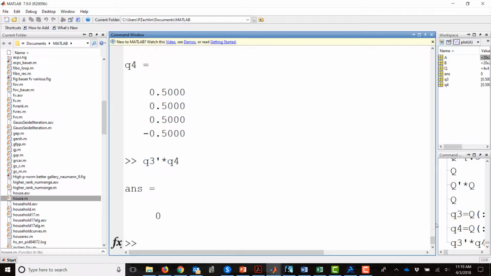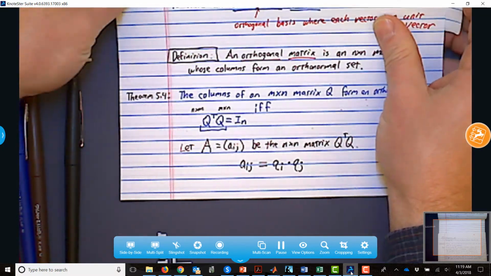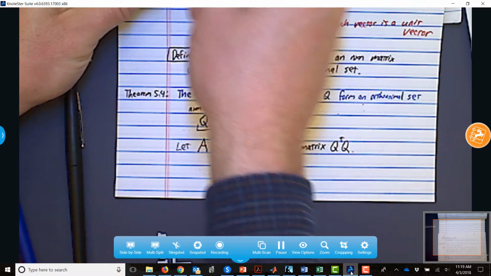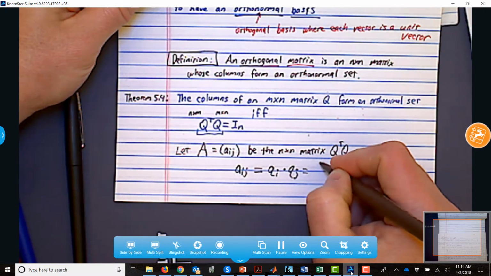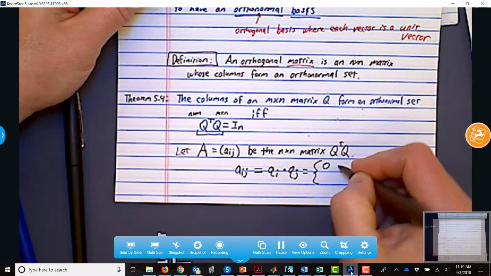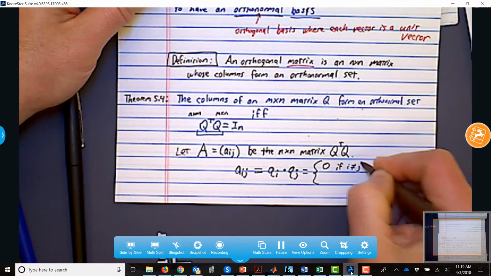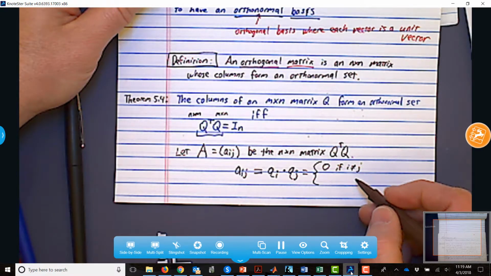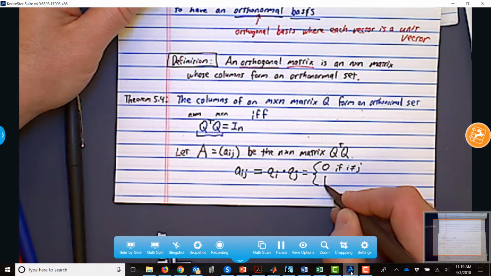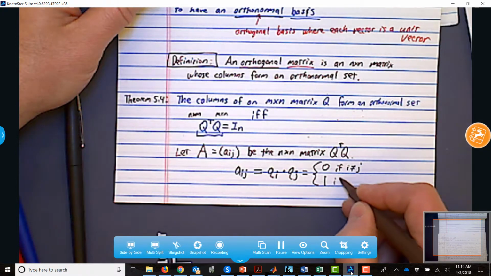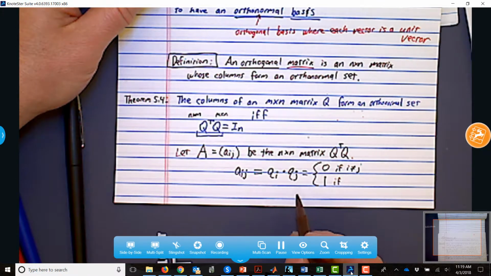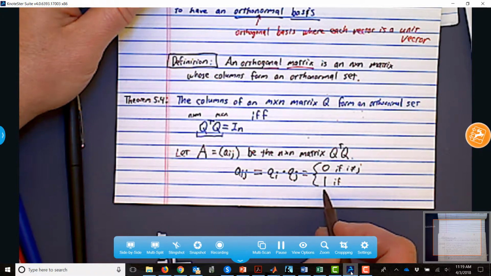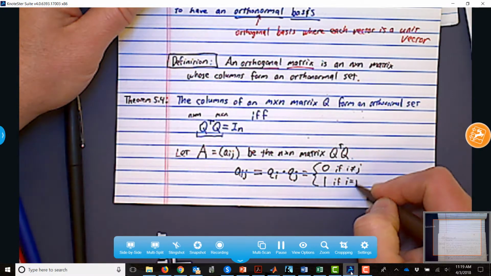So basically, there are two things that can happen when you transpose and you think of all the different entries. The way this works is Qi dot Qj will equal 0 if i does not equal j, or it could equal 1 if i equals j.